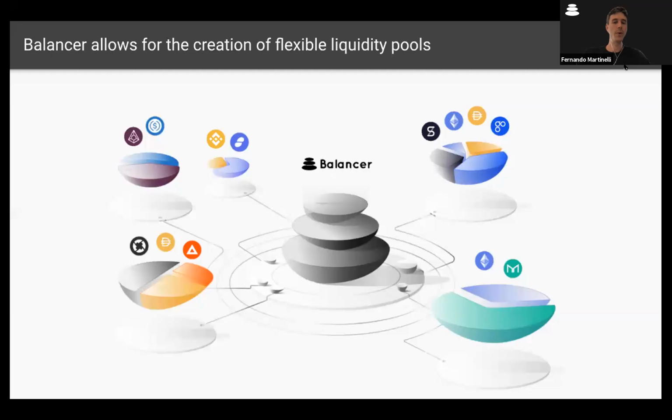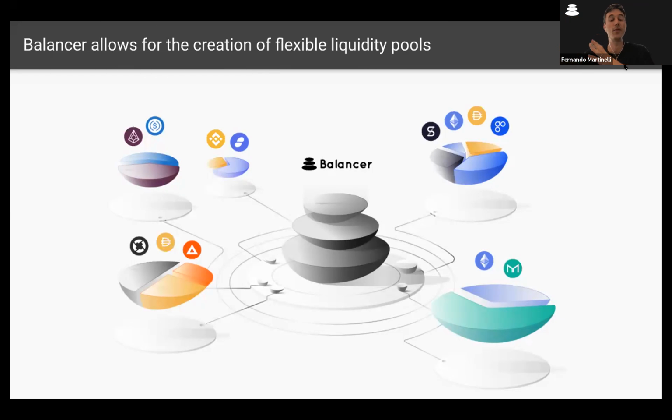So if you start a pool with 30% DAI, 40% ETH, and 30% WBTC or tBTC, you can rely on Balancer to always keep that balanced for you. Instead of conventional index funds where you have to pay the manager of the fund a fee, like Fidelity or others, with Balancer you actually get a fee, just like LPs get fees on Uniswap.